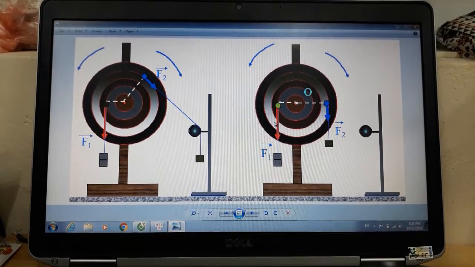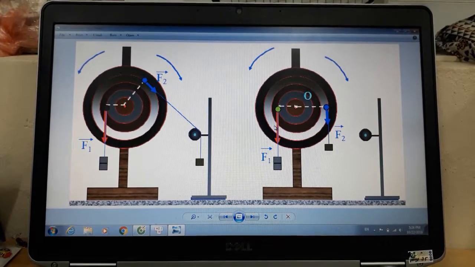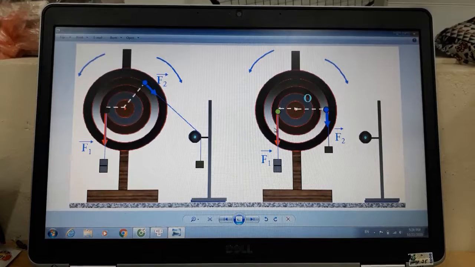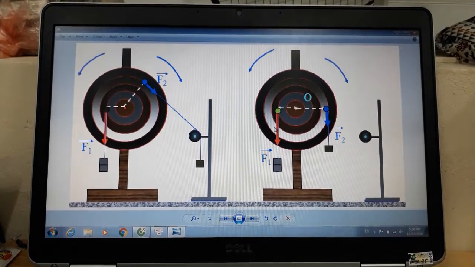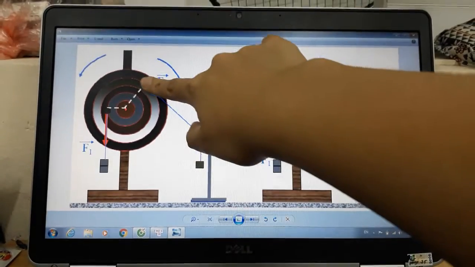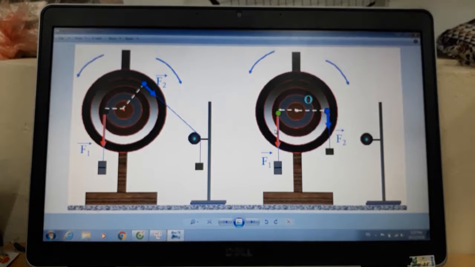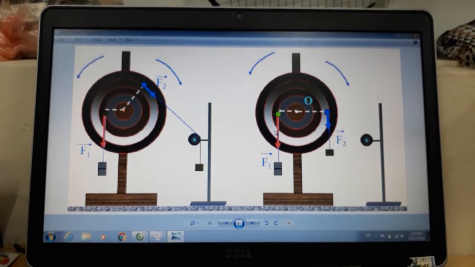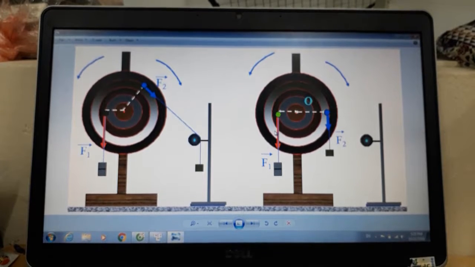Now we put the disc back to the original equilibrium position and change the position of the force F2 to make the disc equilibrium. So there exists another F2 location to balance the disc without satisfying the expression F1 times R1 equals F2 times R2, proving that R1, R2 is just a special case.